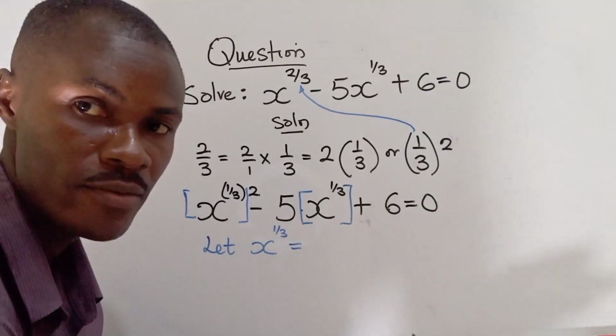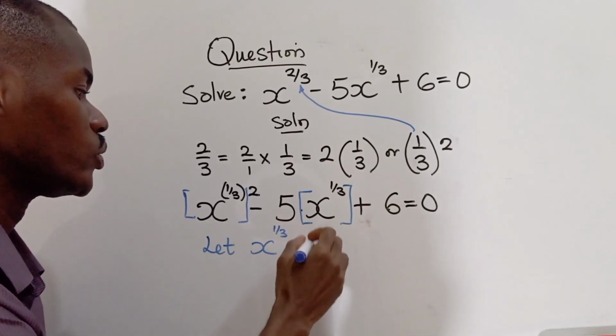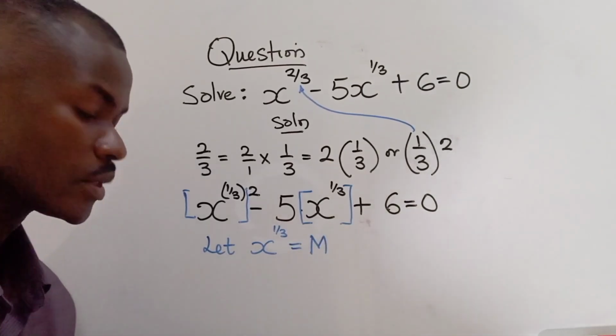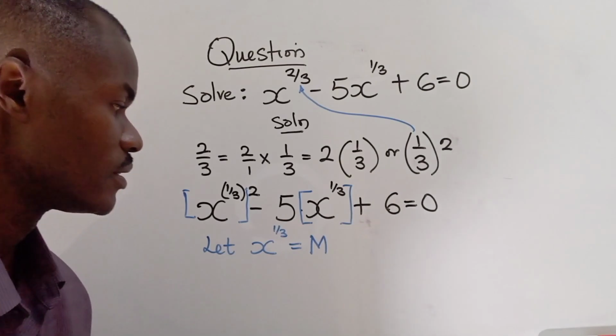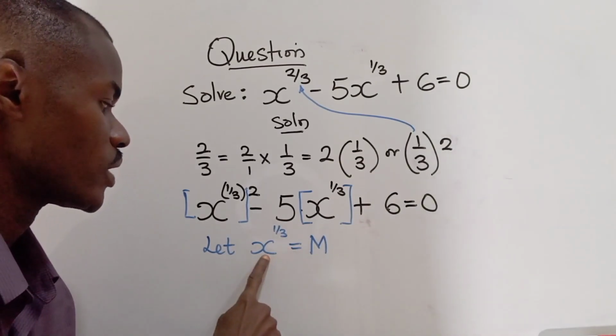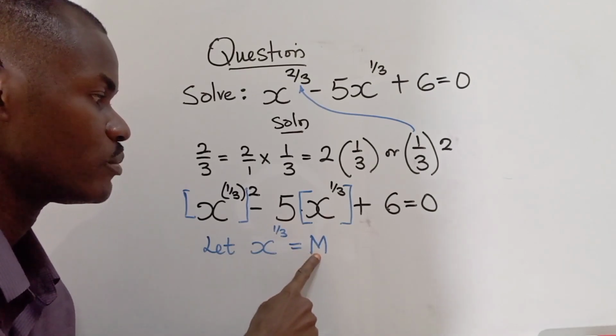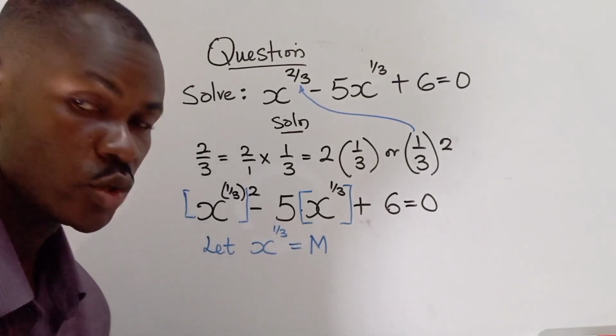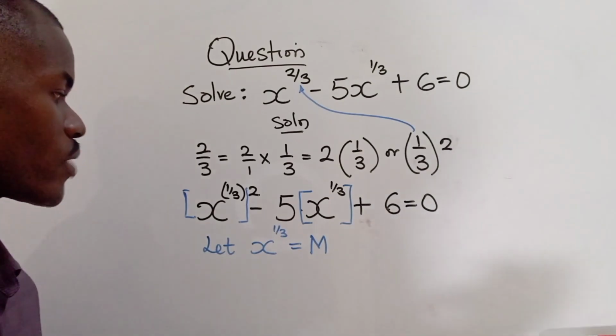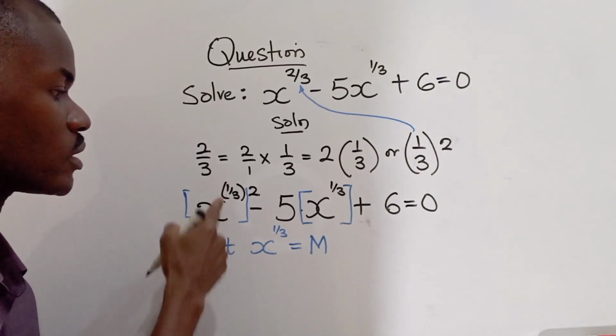You can use any alphabet, but let me just use n. So I can substitute x to the power of 1 third as n in this equation.